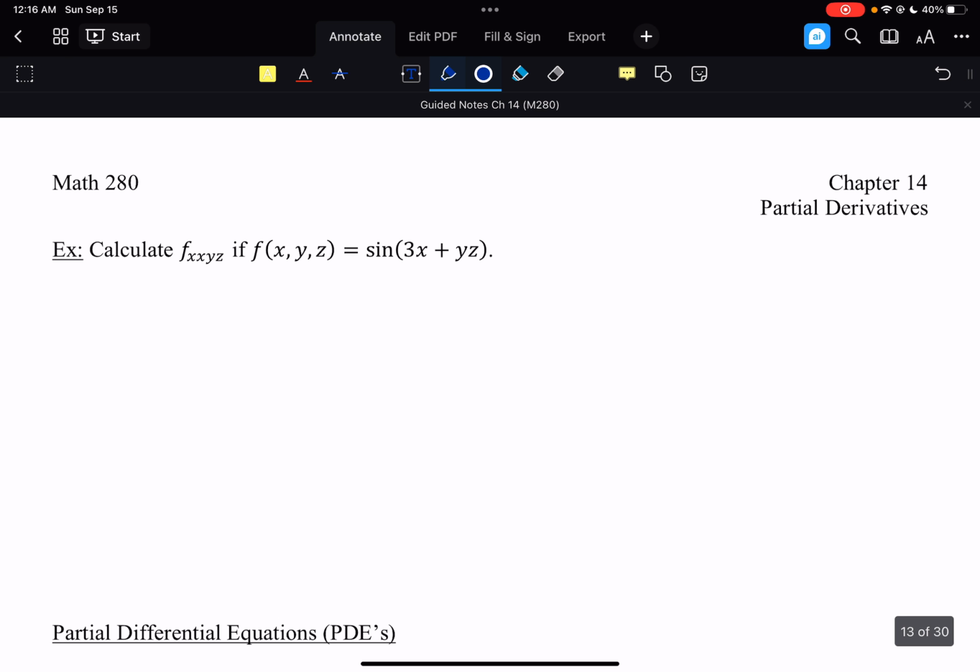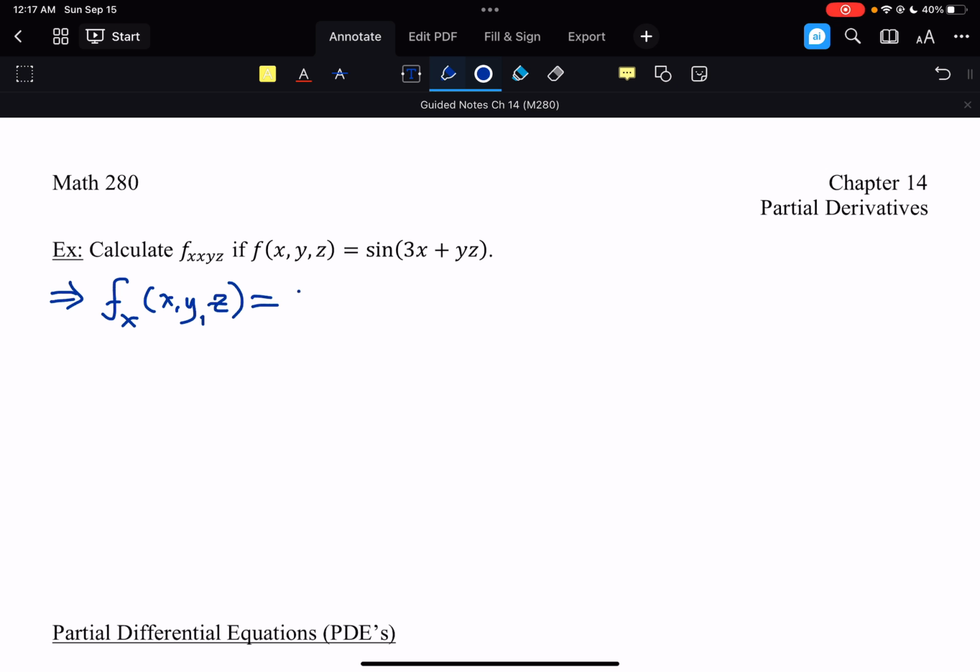So we've got a little bit of trig coming in here. Calculate fxxyz for this function. So this is the fourth derivative with respect to x, then y, then z. Okay, so we're going to take four partial derivatives here. So we're going to go step by step.